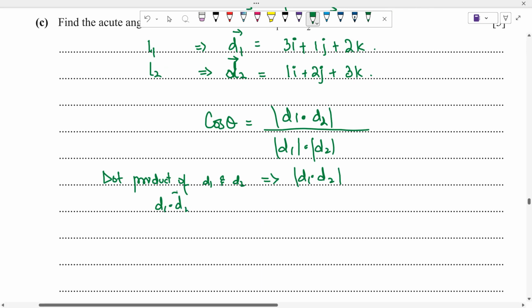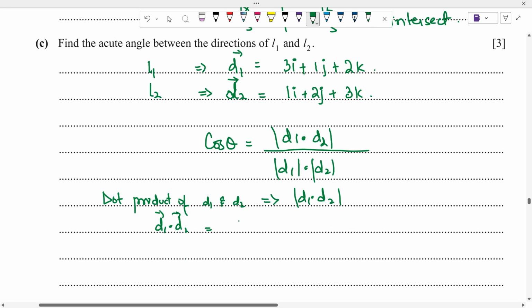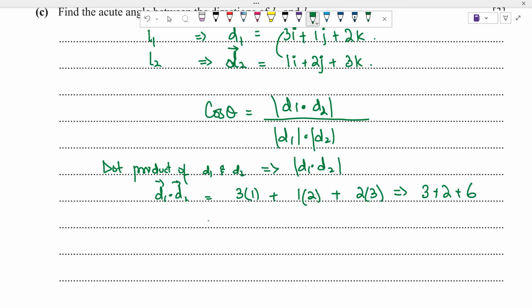In the dot product, we multiply the i component with the i component, j component with j component, and so on, and then add them up. So 3 times 1 plus 1 times 2 plus 2 times 3. Solving further, we have 3 plus 2 plus 6. So the dot product D1 dot D2 is 3 plus 2 plus 6, which is 11.